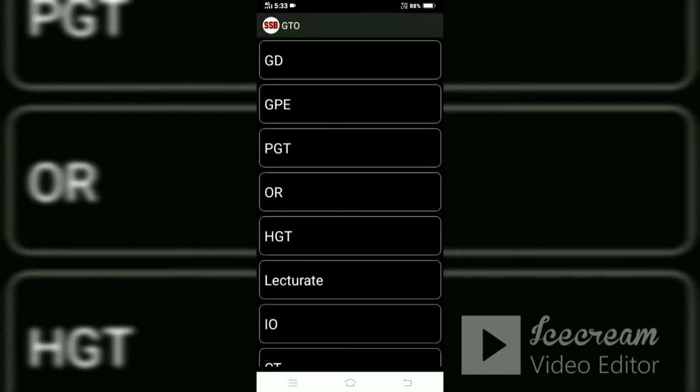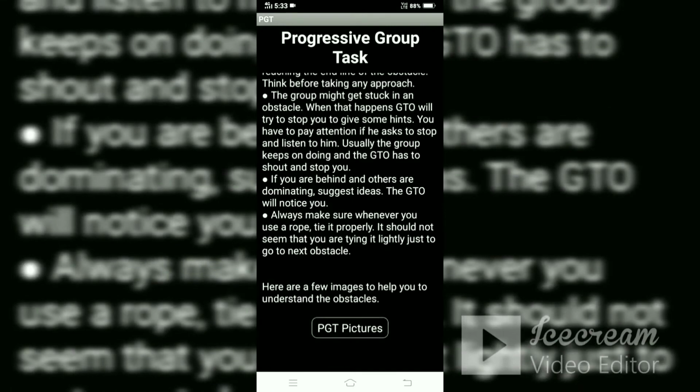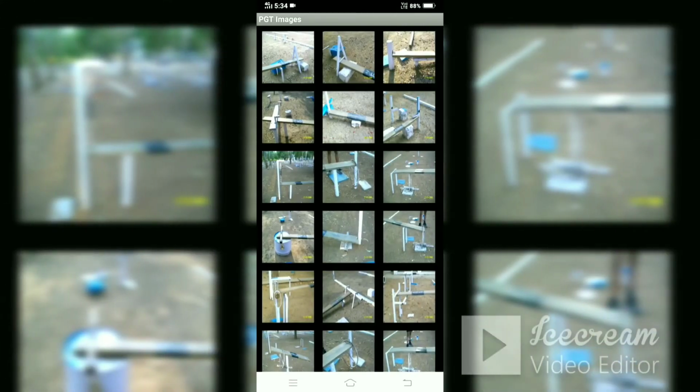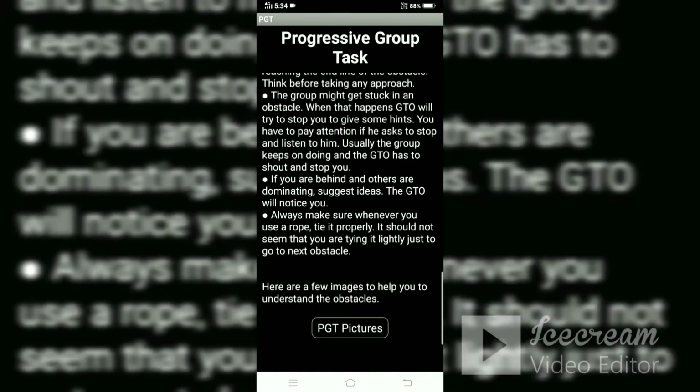Now coming to the next, the GTO series. There are simple techniques and terms given in the GTO. In the PGT we can practice, and the best thing about this app is the PGT images. You can look at these images, they are good, and you can also think about the many ideas that come to your mind, how you can approach the particular problem. So this is the best thing about this app.